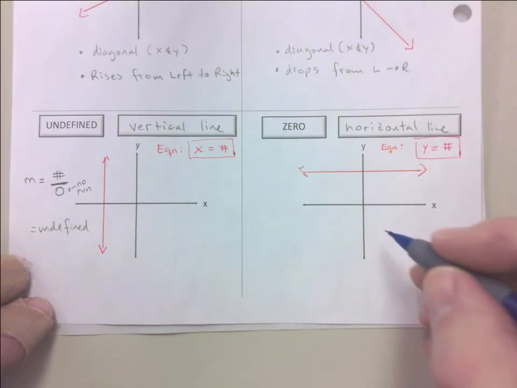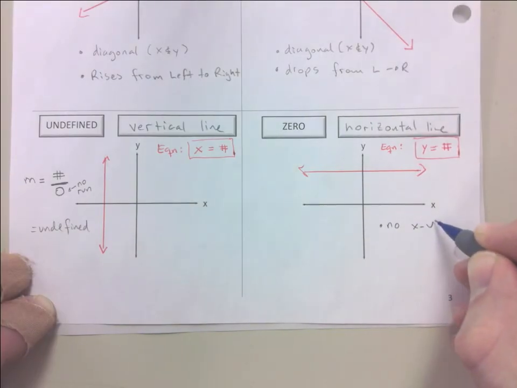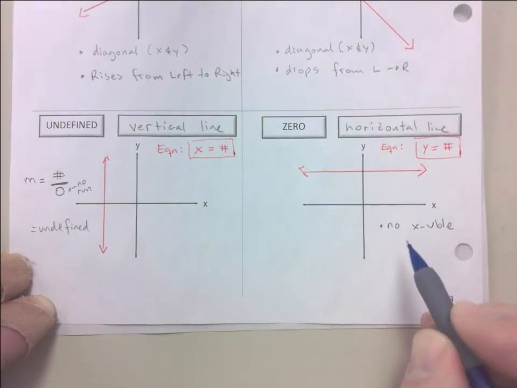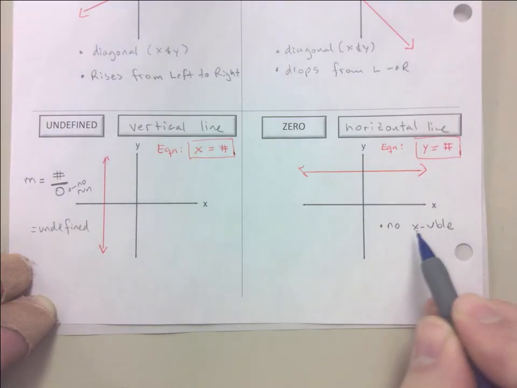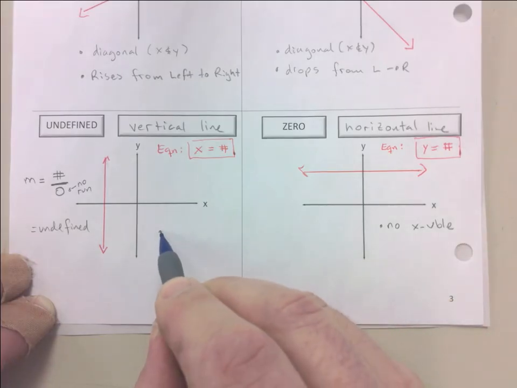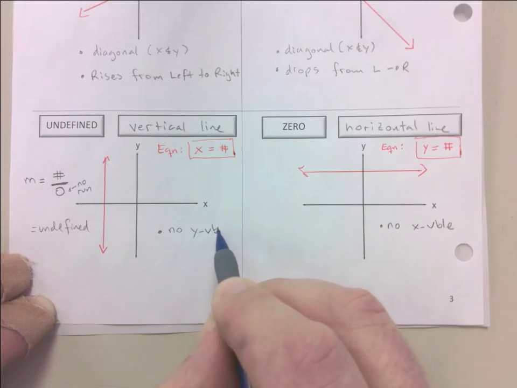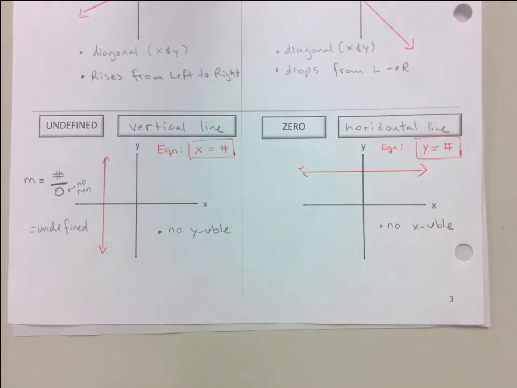So you can write down there's just no x variable for this one. For the vertical one, let's put a bullet there, no y variable. I will highlight those two.